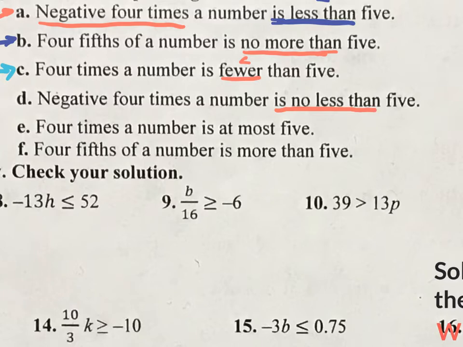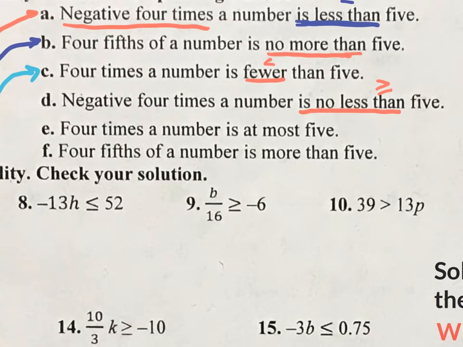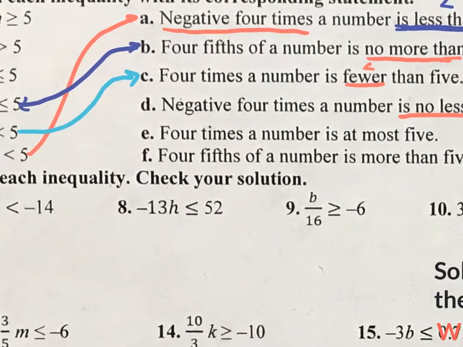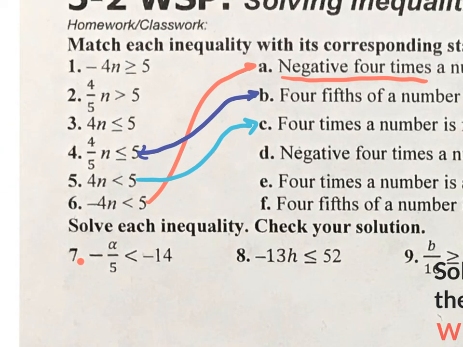We're saying that it could be 5 or above. Now, what does that mean in terms of inequalities? It could be greater than or equal to 5. So no less than 5 really means greater than or equal to 5, right? So let's look for -4 times n is greater than or equal to 5. And that's that first one. -4 times n is greater than or equal to 5. And that belongs to D right there.